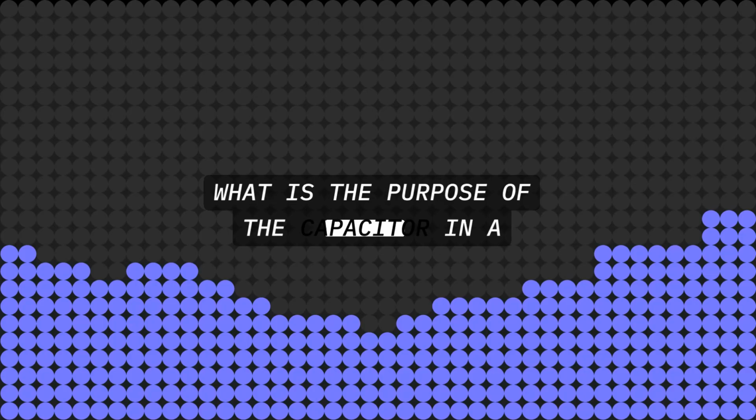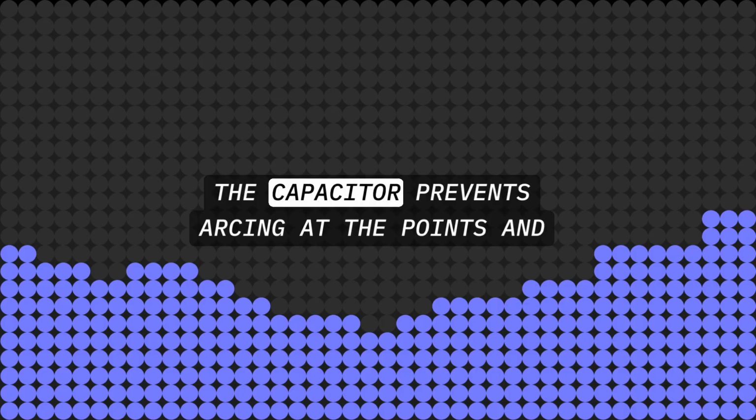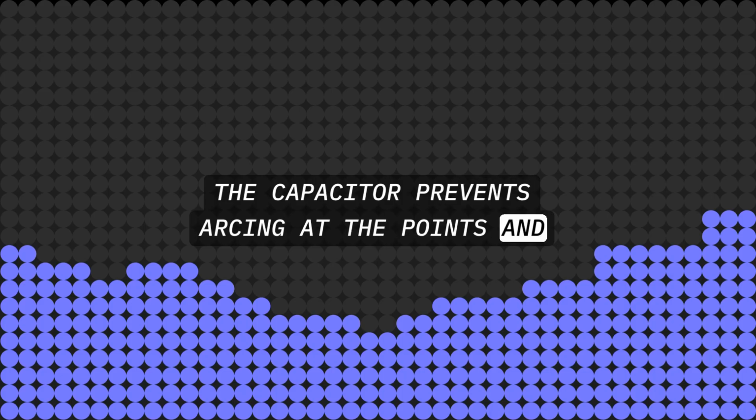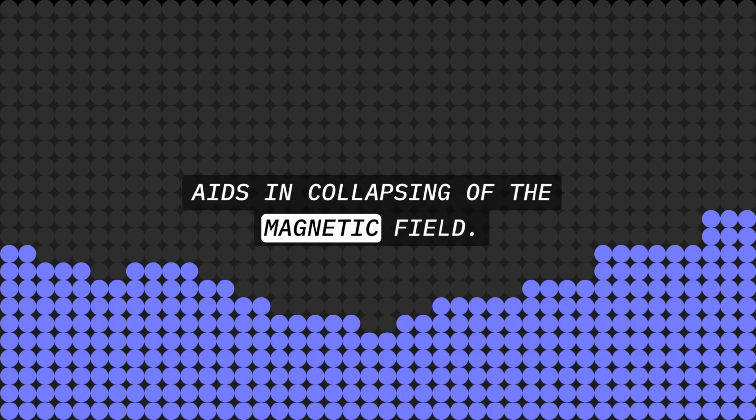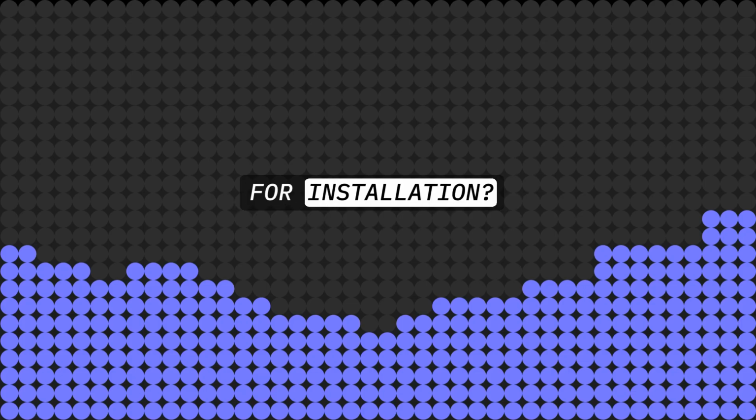What is the purpose of the capacitor in a magneto? The capacitor prevents arcing at the points and aids in collapsing of the magnetic field. What is the main concern when preparing a magneto for installation?